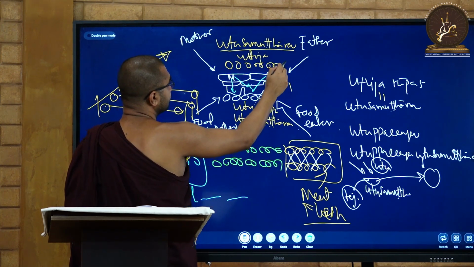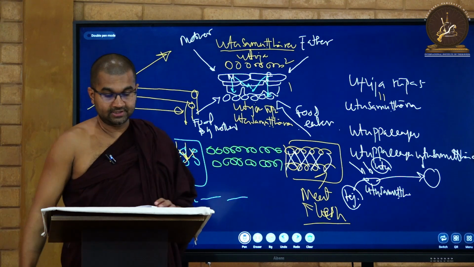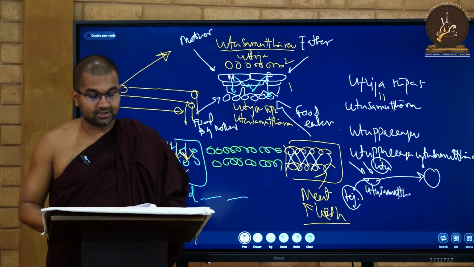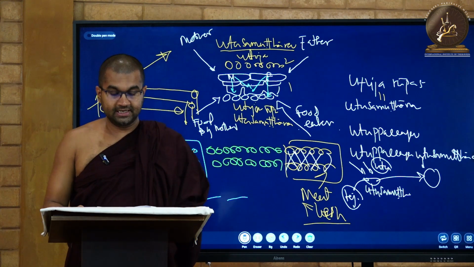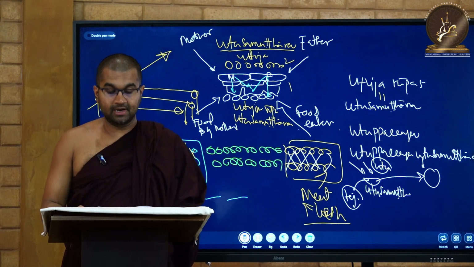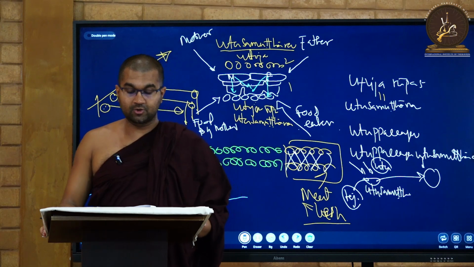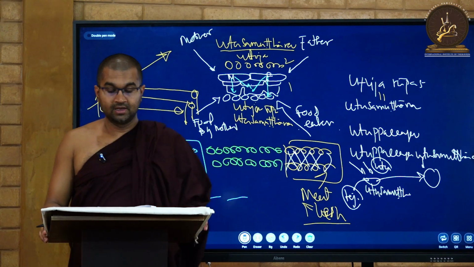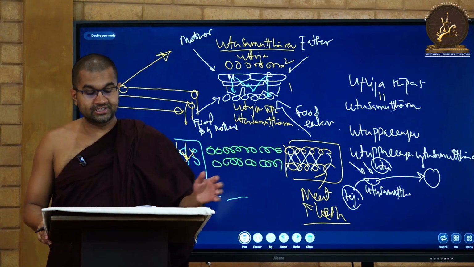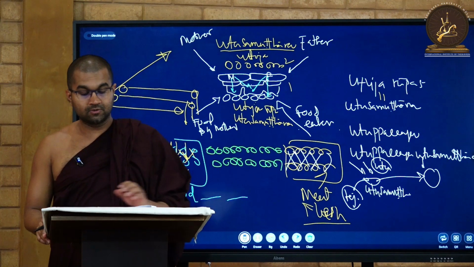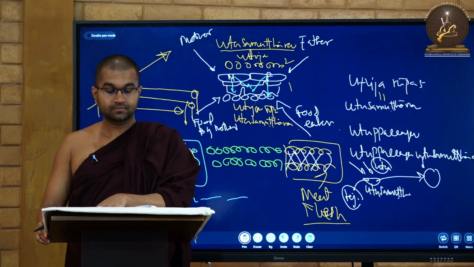This is the first generation, this is the second generation. The Chatusammuttanika Rupas present in a living organism are affected by both external and internal heat. Therefore, all Chatusammuttanika Rupas found in a living body are also designated as Utupachya Rupas. This includes the previously mentioned Utusammuttana Rupas as well.